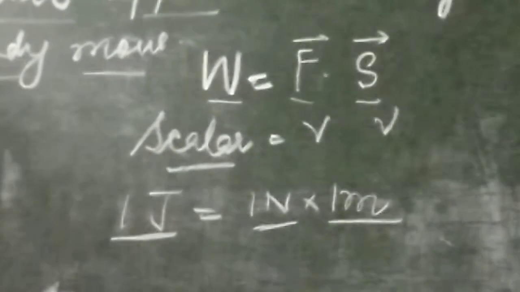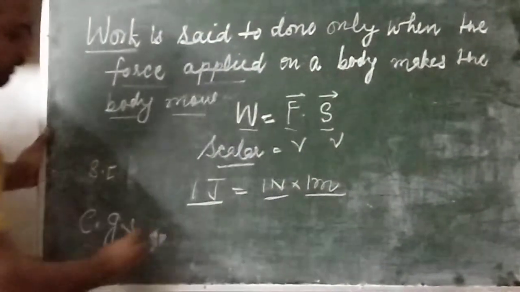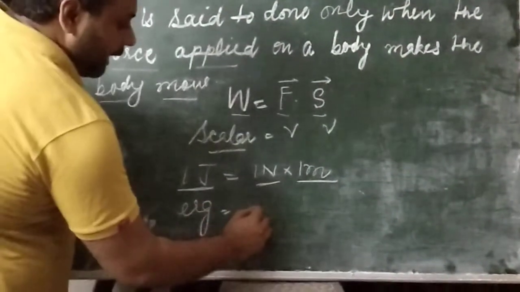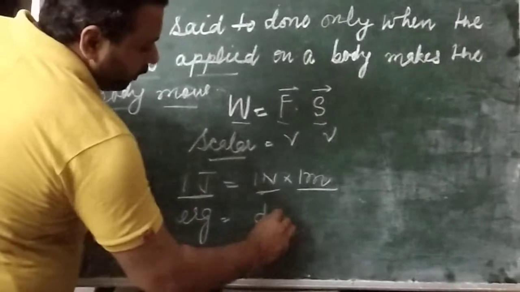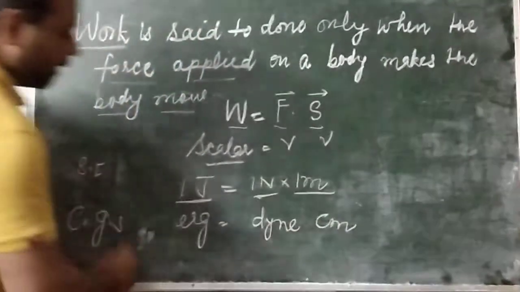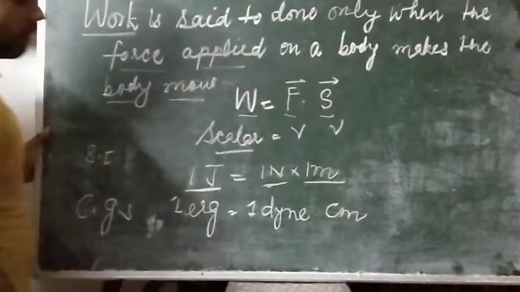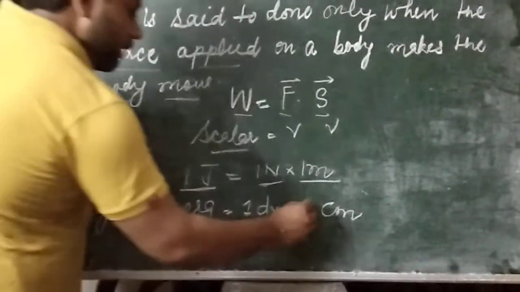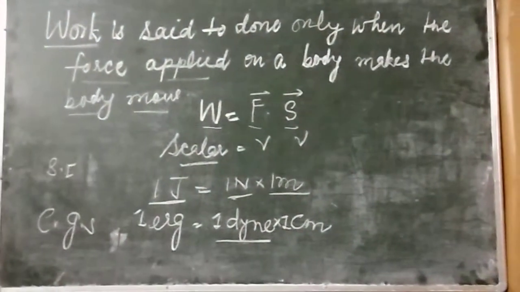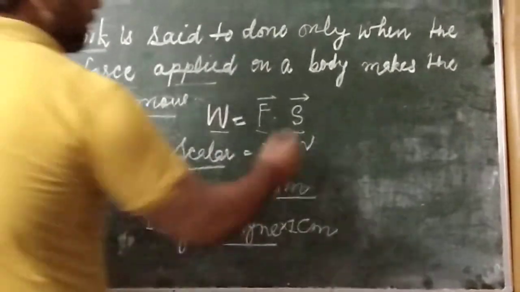Same way, in the CGS system, the unit of work is erg, where force is in dyne and distance in centimeter. Work is said to be 1 erg when 1 dyne force is applied and the body covers a distance of 1 centimeter.